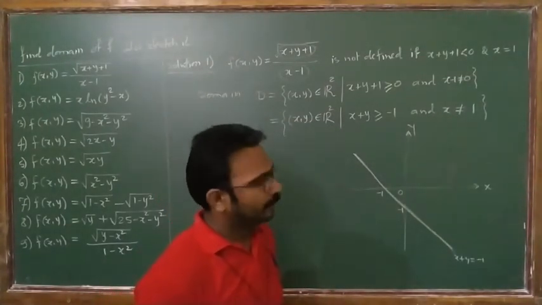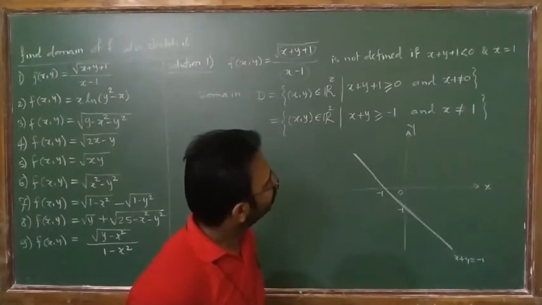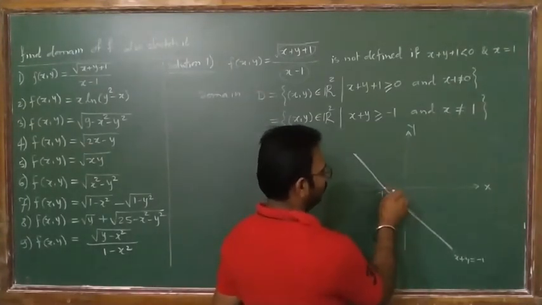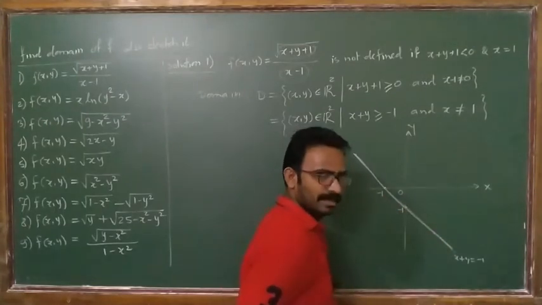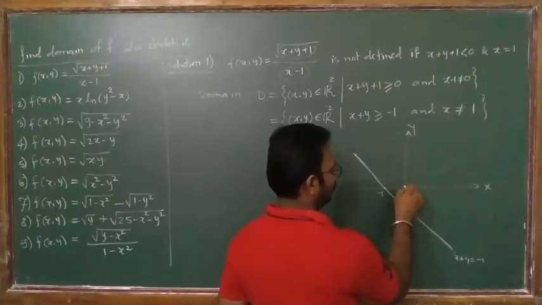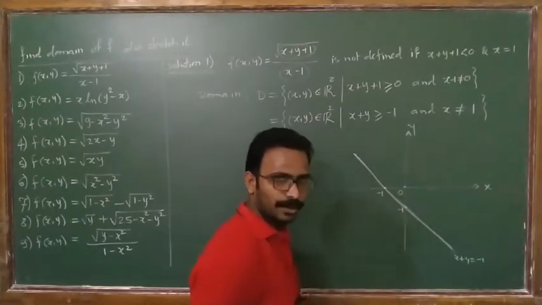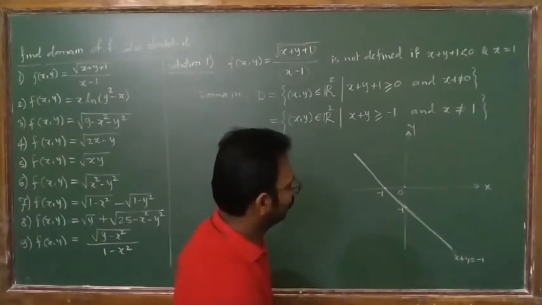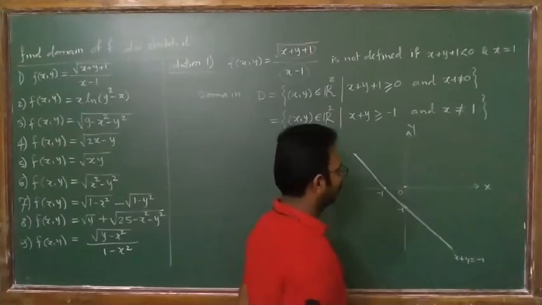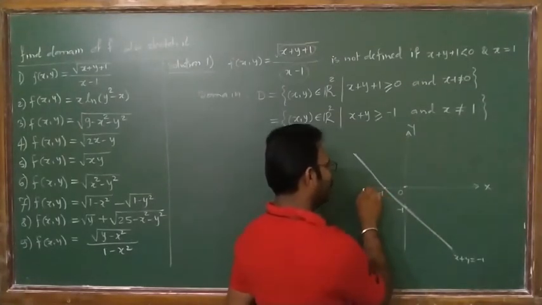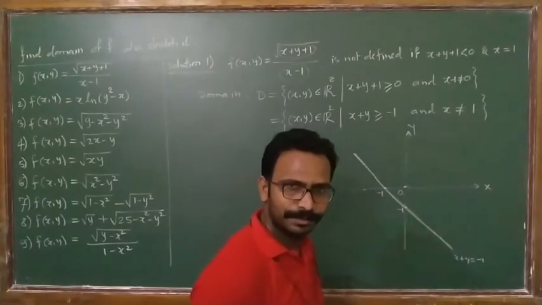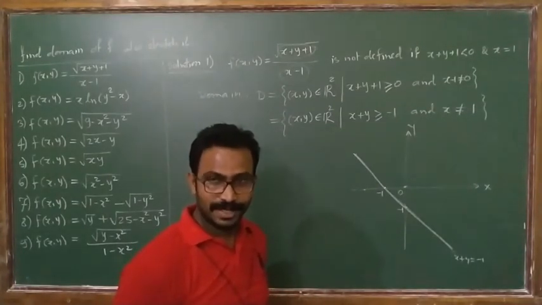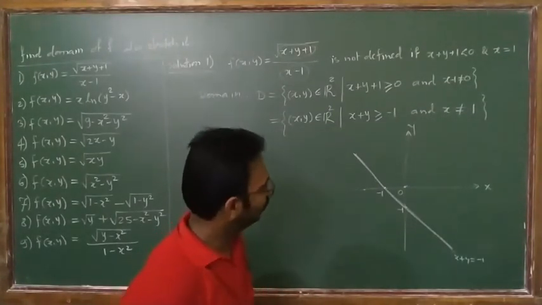Try some points. If I choose 0, 0, then 0 plus 0 is greater than minus 1, so this point should be there. If I choose minus 2, 0, then minus 2 plus 0 is less than minus 1, so it is not the case.